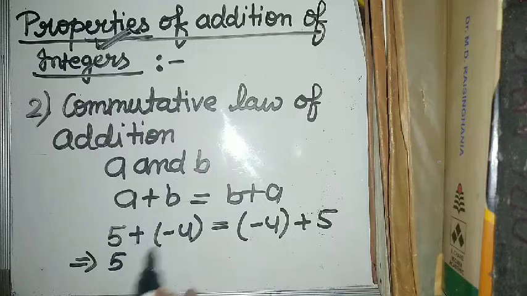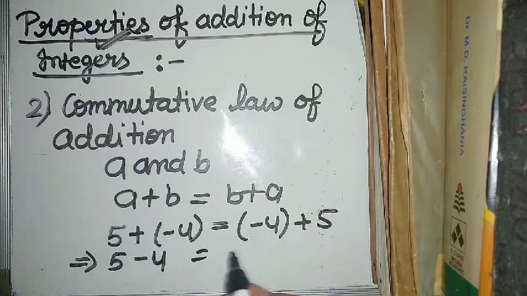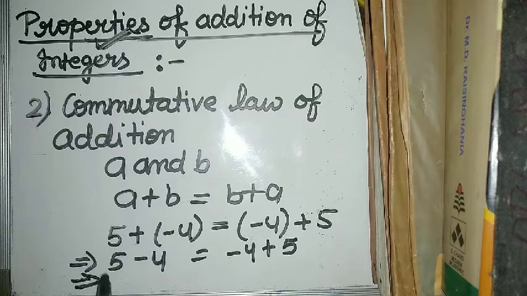5 plus -4, and this is -4 plus 5. So this is 5 minus 4, which is 1, and this one is also 5 minus 4, that is 1, and the sign which we put is plus, because which number is greater? 5 is greater, and before 5 we have a plus sign, so we put a plus sign here, and here there is no sign, which means plus sign.